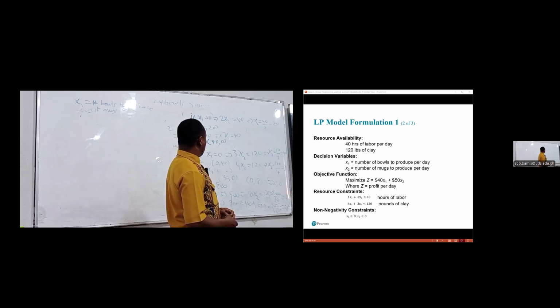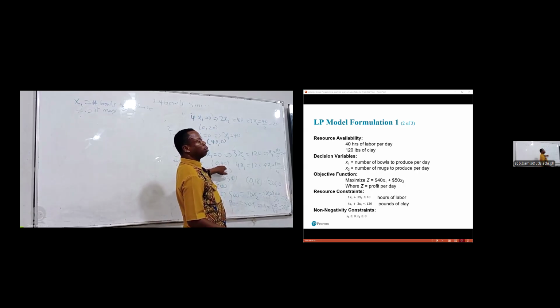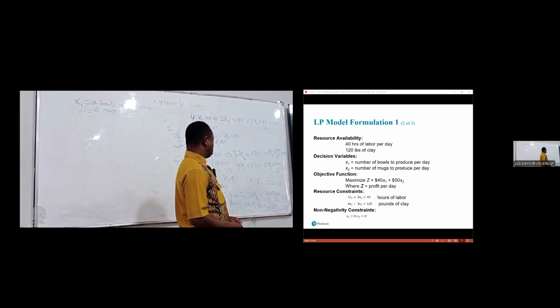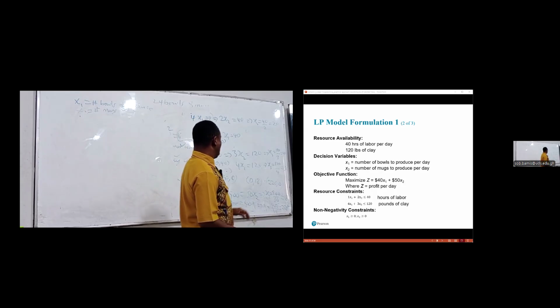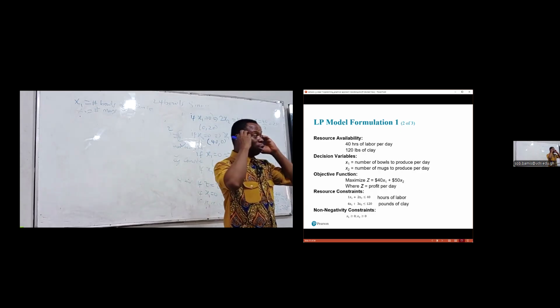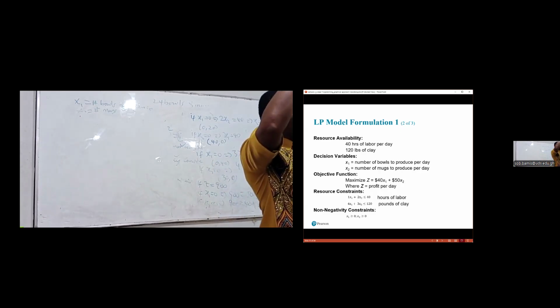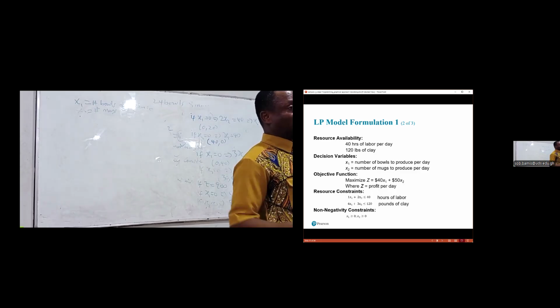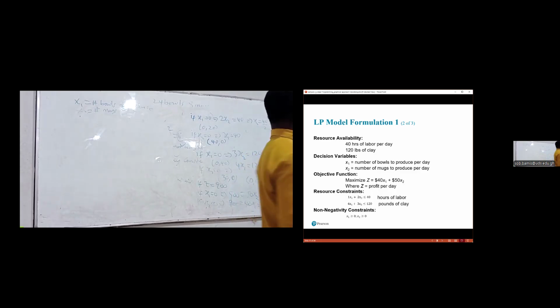What is the maximum for x2? It's also 40. For the objective function, all of them are lower values. This is to guide me to determine how my graph will look, the coordinates.